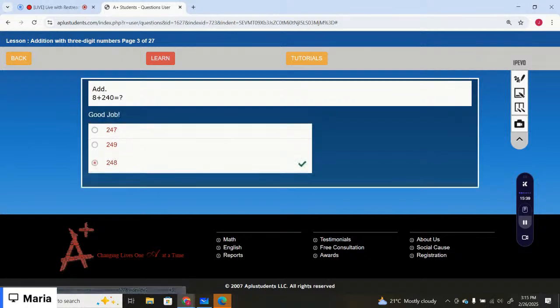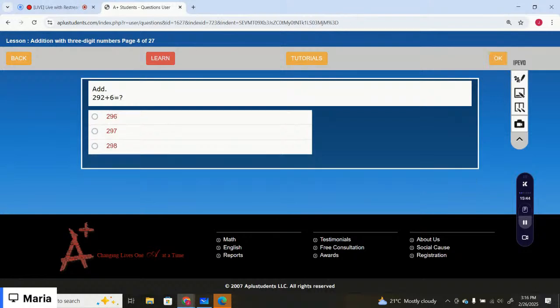Option number 3 is the correct option. 292 plus 6, which is the correct option?